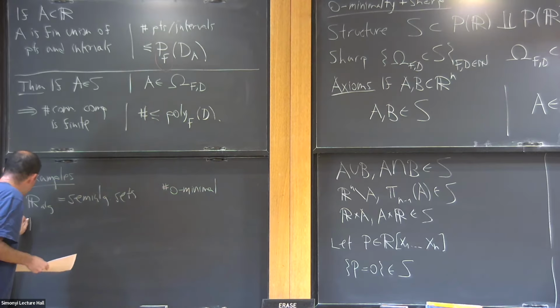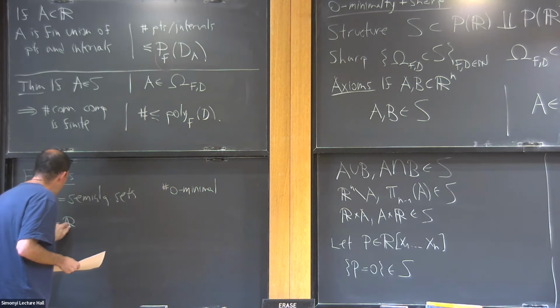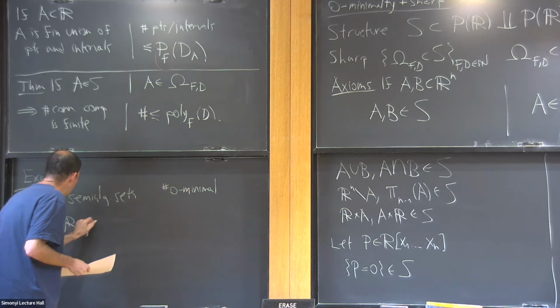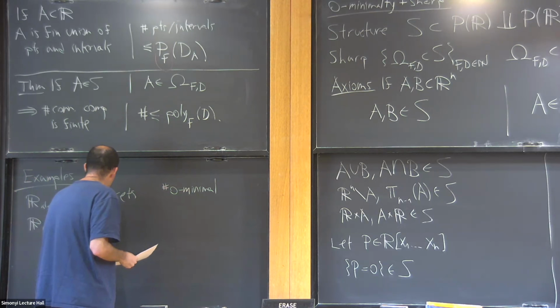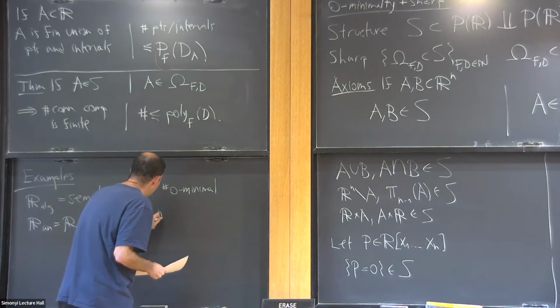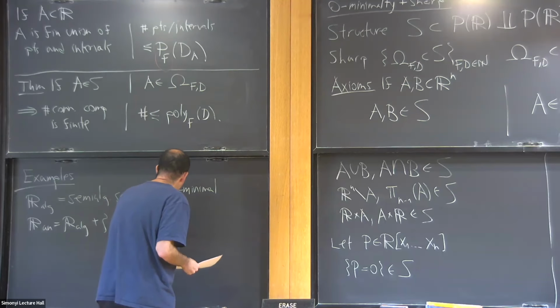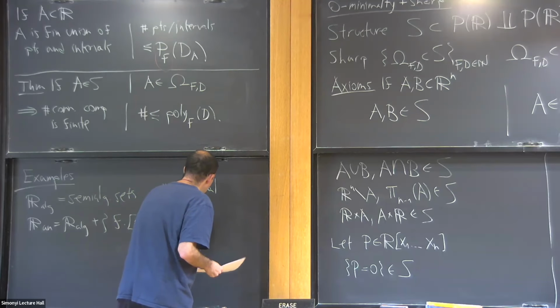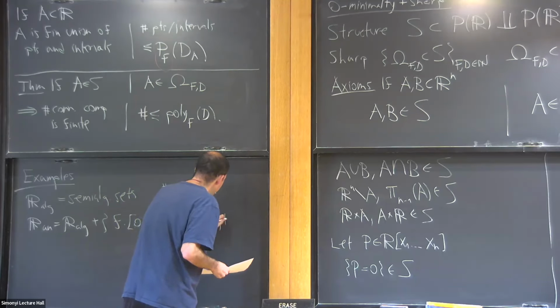The next example that people looked at was R-an, which is basically you take R-alg, and then you add to this all of the functions f from [0,1]^n to R that are analytic. Analytic means it's analytic in some open neighborhood of this, so it's really analytic up to the boundary.